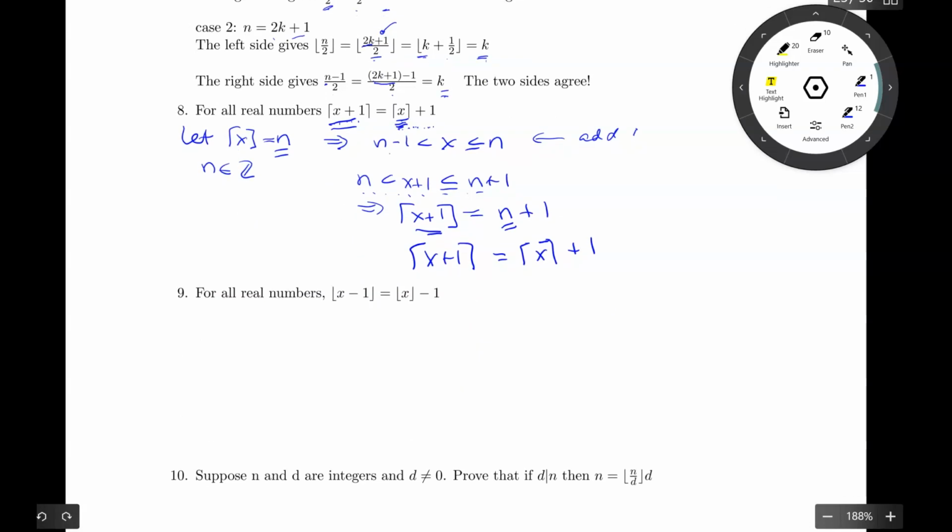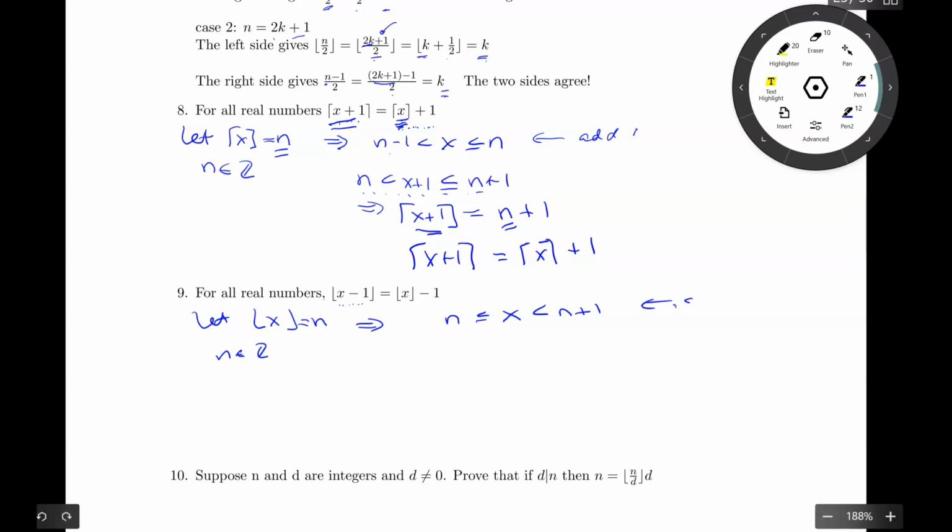All right. So let's do the same kind of thing with the floor, right? So again, I'm going to let the floor of x equal n, n being an integer. And what does that mean? That means n is smaller than or equal to x is smaller than n plus 1. So just knowing the definitions. So now thinking about where I want to go, I think I want to subtract 1 from everywhere.